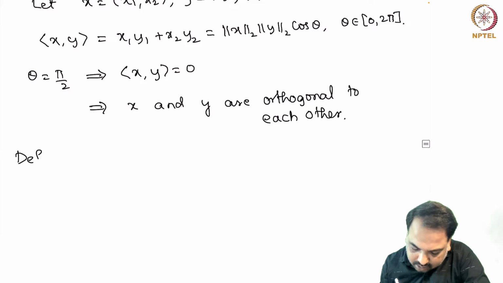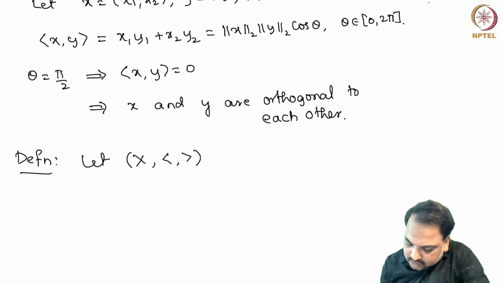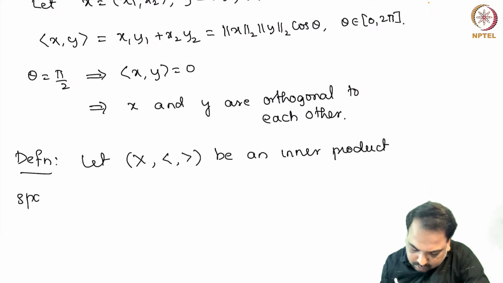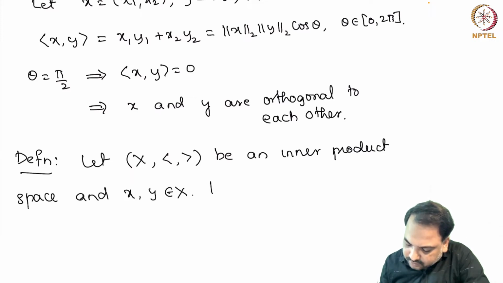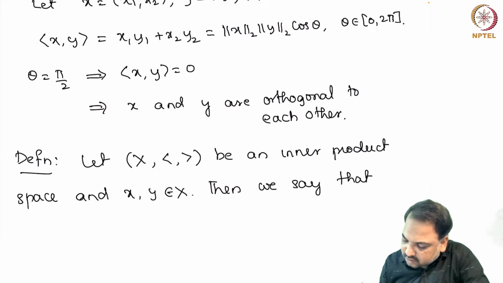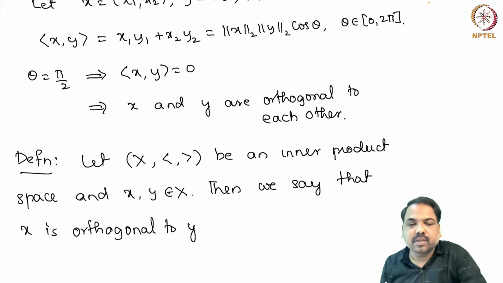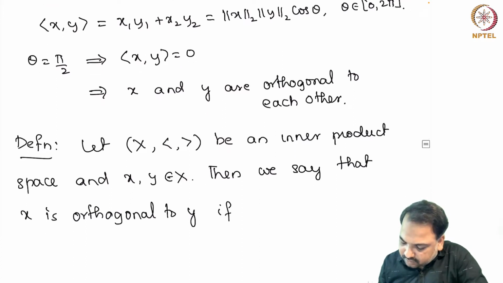Let X be an inner product space and x, y come from X. Then we say that x is orthogonal to y if the inner product of x with y is 0.